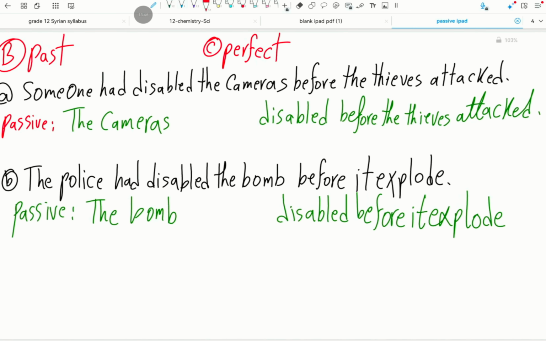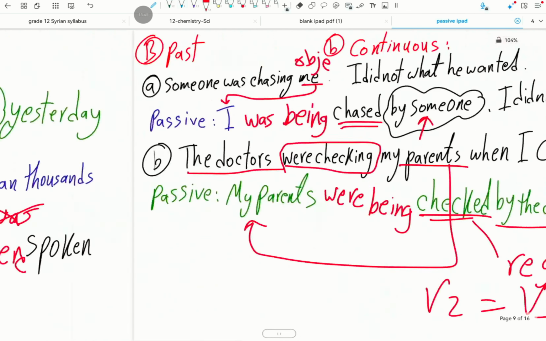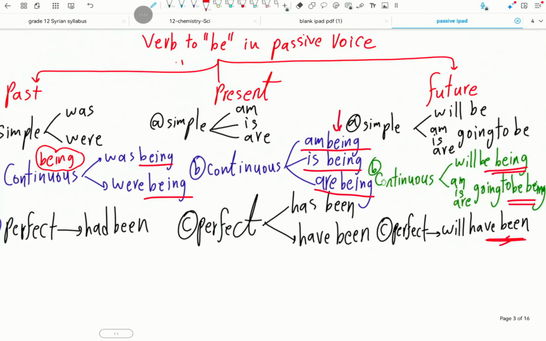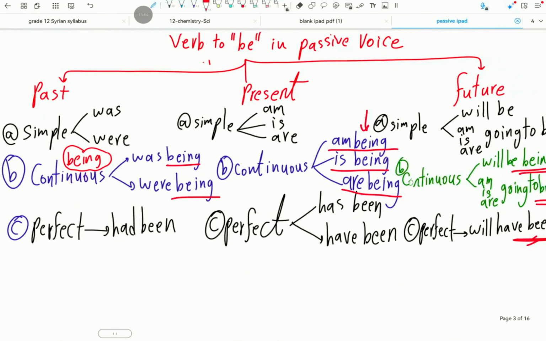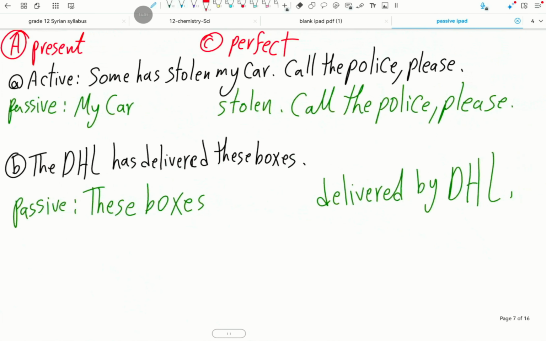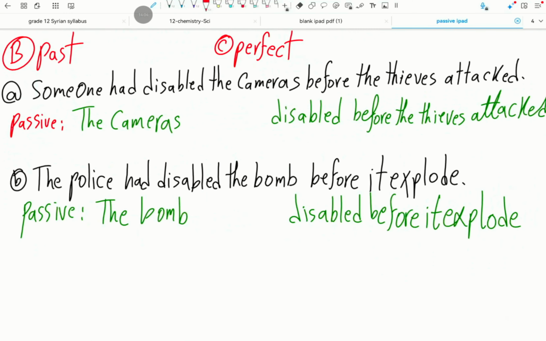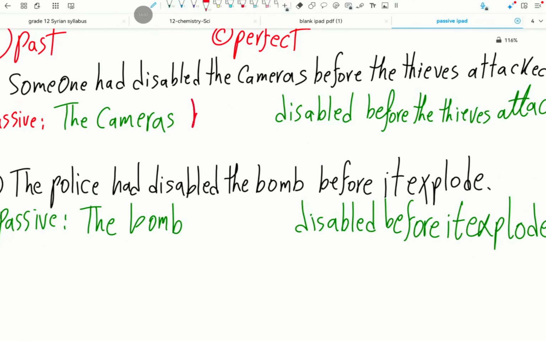Generally, my friends, in past perfect we have only one option for verb to be, which is had been, no matter what the subject or the object was.